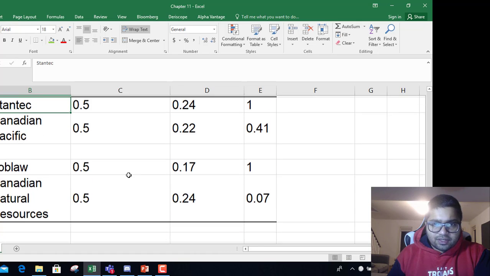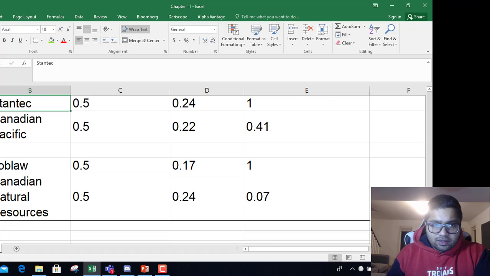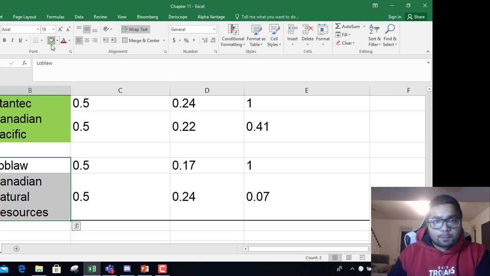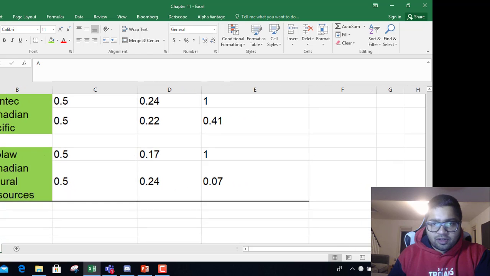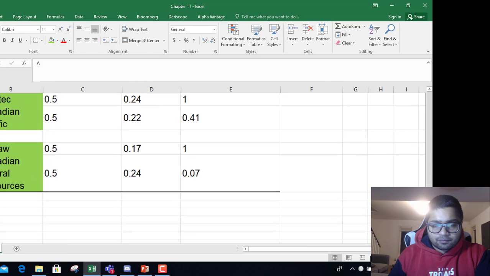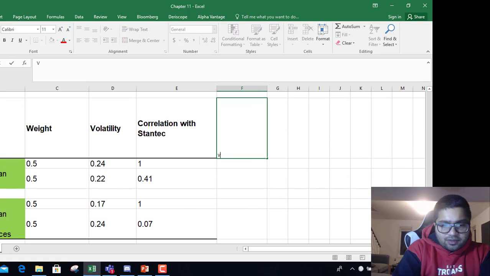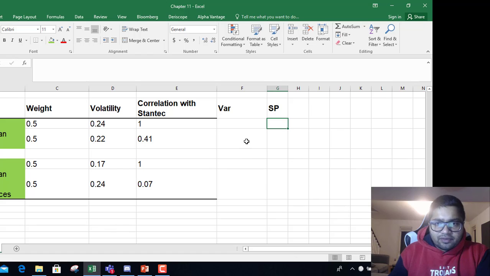So first let us solve for this, portfolio A, and this is portfolio B. We have to find out the risk of portfolio A and the risk of portfolio B. So how to do that? It's a two-step process. First find out the variance and then find out the standard deviation of the portfolio. So let's calculate variance first.